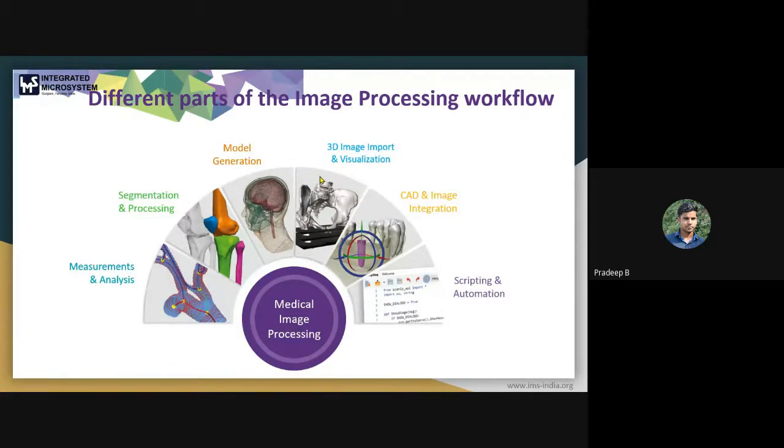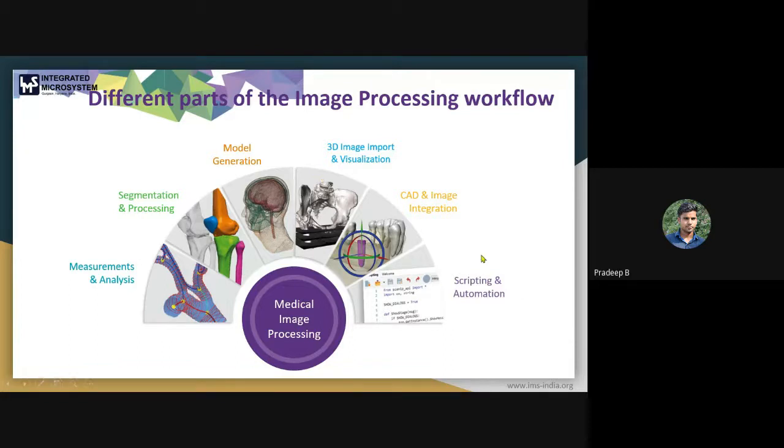Okay, so next is CAD and image integration. If we have any CAD implant, we can import it and position or incorporate it with the medical image data, and we can create a finite element mesh for simulation export.